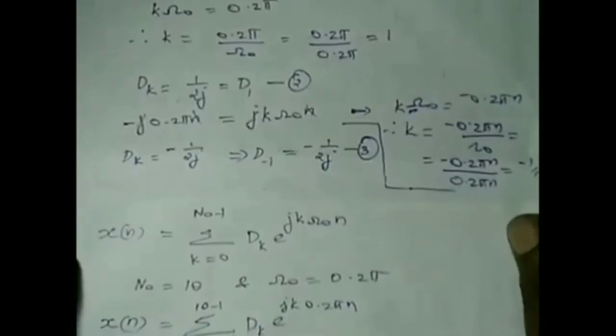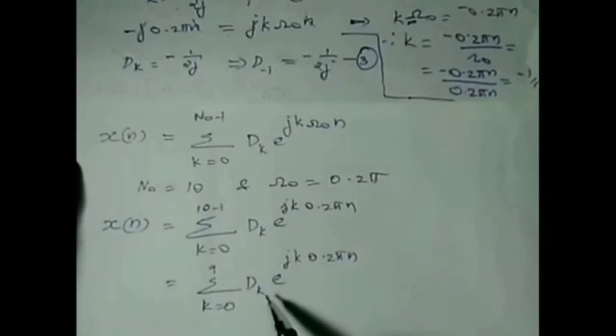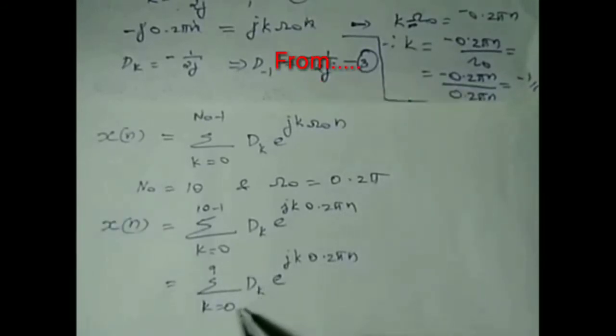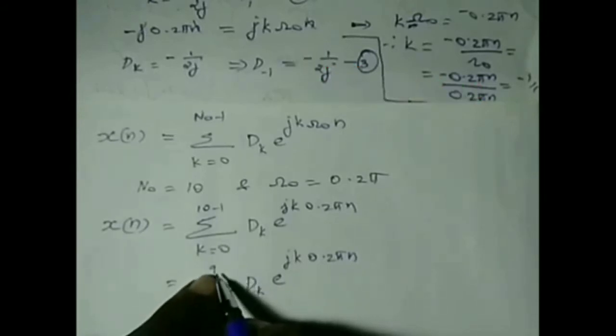Now let us go back to our equation. Here we have k varying from 0 to 9 only. So naturally there will be Fourier coefficients: if k equal to 0, this coefficient will be d0, and for k equal to 1 this will be d1, then d2, d3, d4, d5, d6, d7, d8 and d9. Finally the last coefficient will be d9.